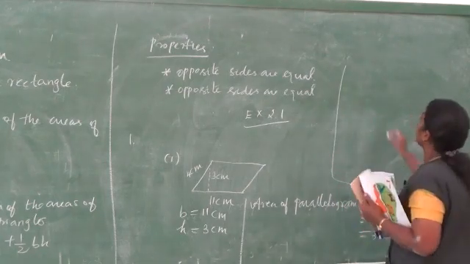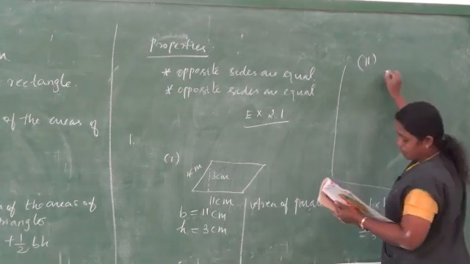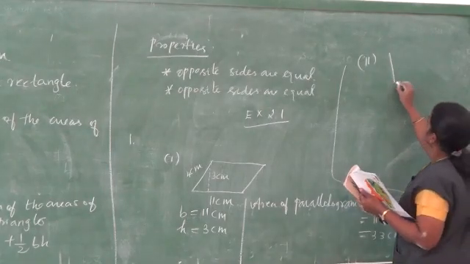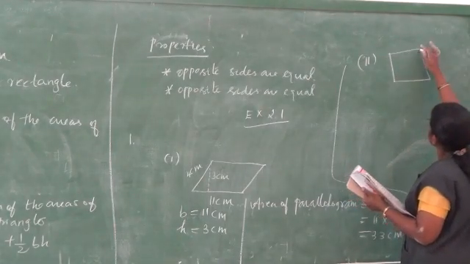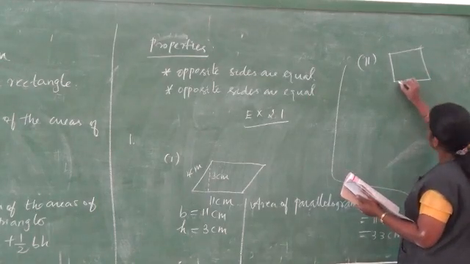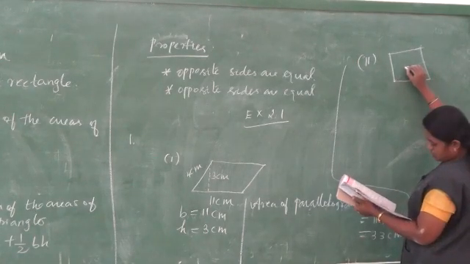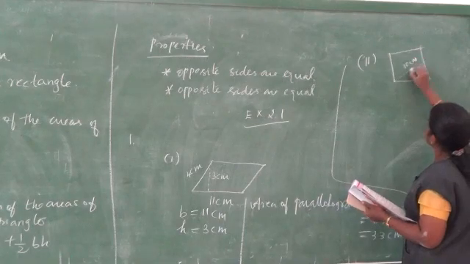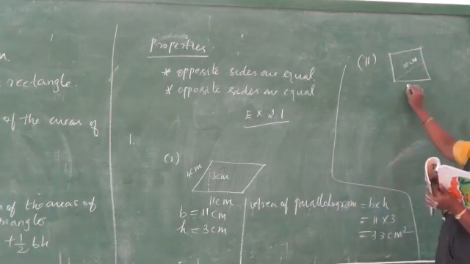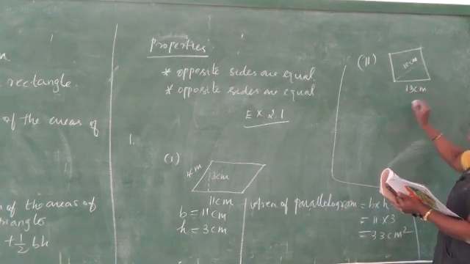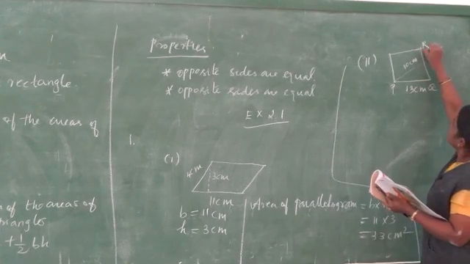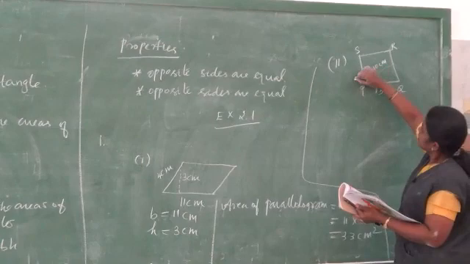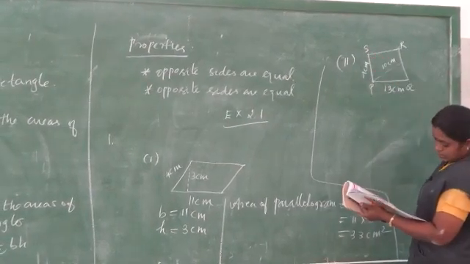If you know the formula, you can do the problems easily. Second one. What is the height given? 10 centimeter. What is the base? Here 7 centimeter.